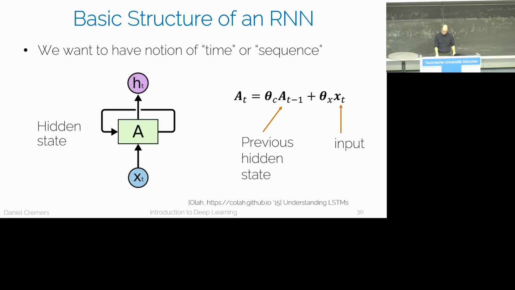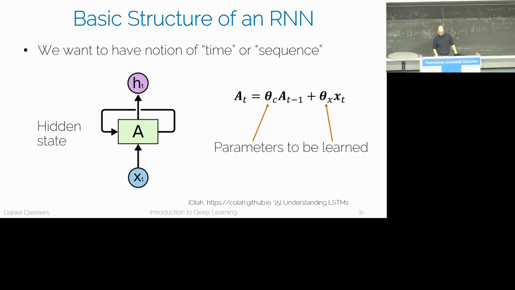And here this is the previous hidden state, and that's the input at time t. And the idea is that I can learn these parameters and that they are assumed to be the same parameters for every time step. So one input per time step, one output per time step, and one hidden state per time step.